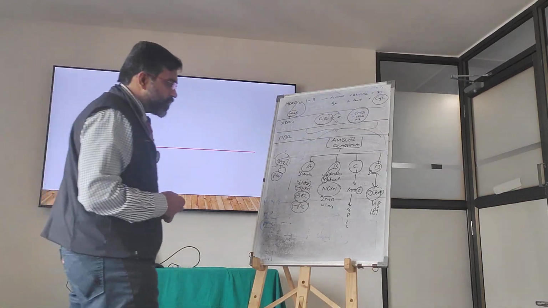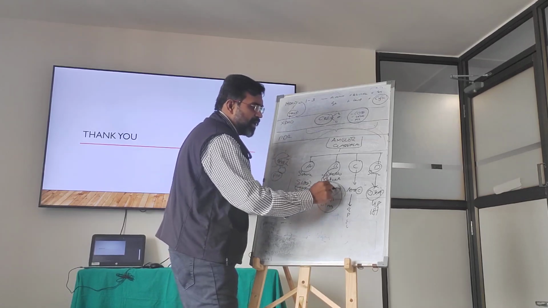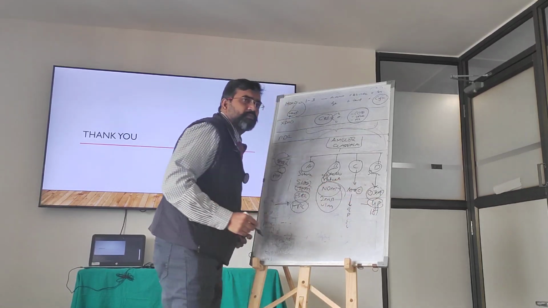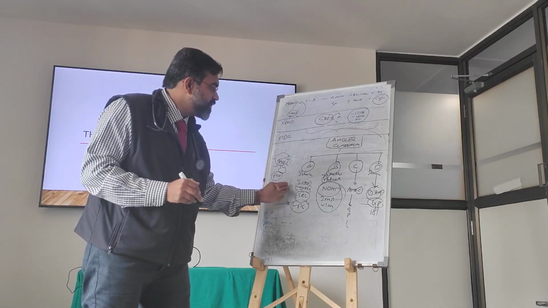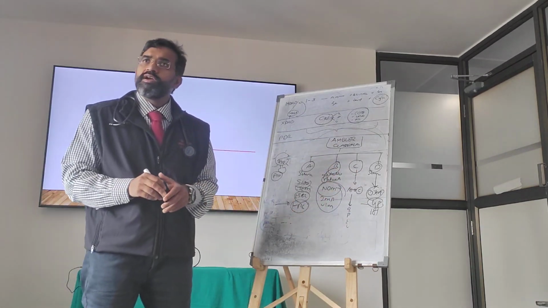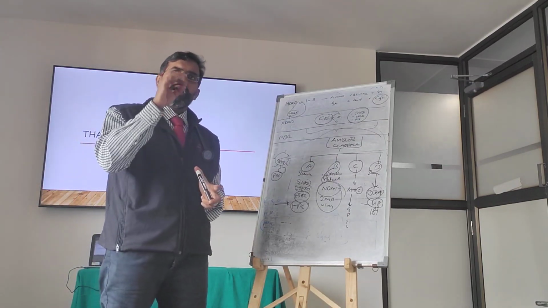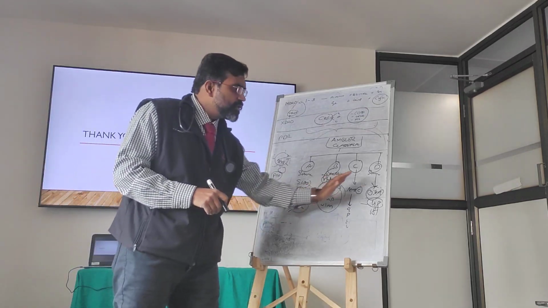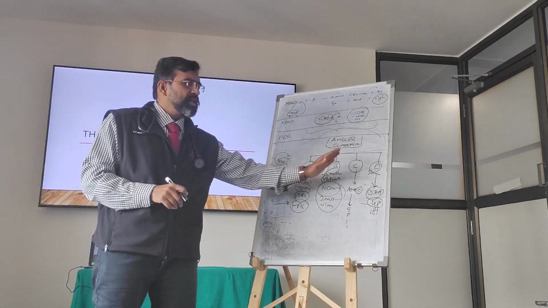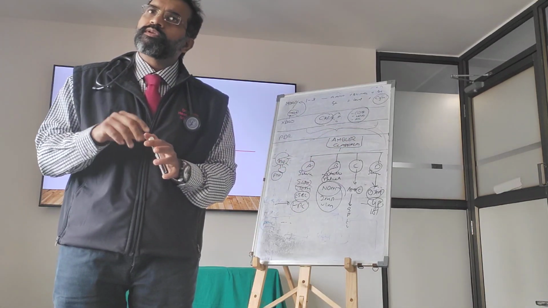We are only able to get KPC, this group, and this group. The rest we are not seeing. We are not seeing AmpC, we are not seeing SHV, TEM. The Carba R only gives you the beta lactamase producing enzymes and helps you distinguish between classes A, B, C and D.